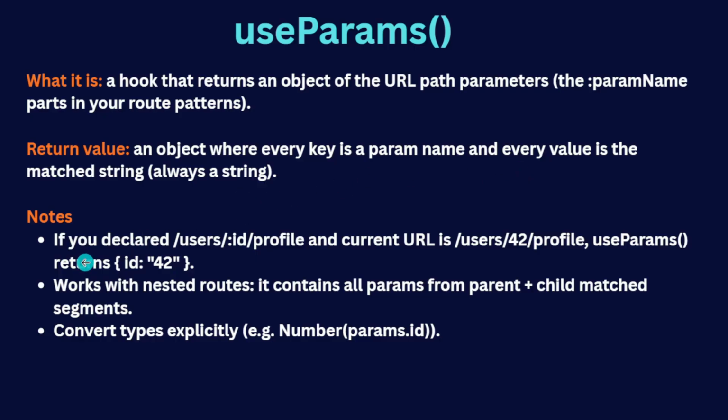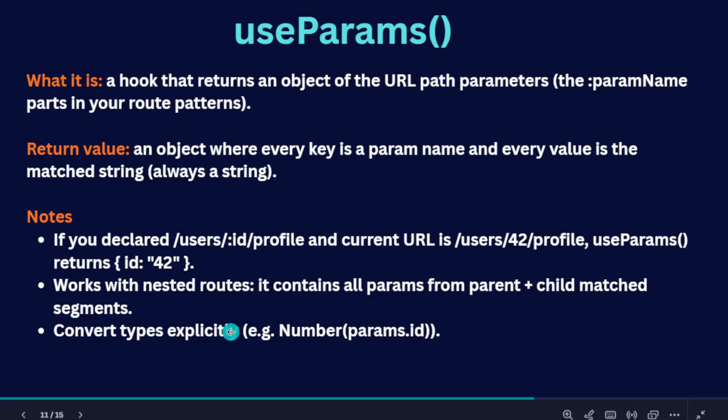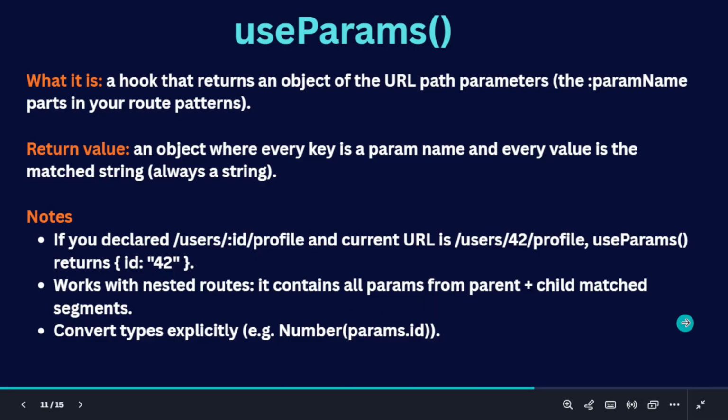So yeah, if you declare like this, user/:id/profile, and the current URL is like this, useParams returns id, this id 42, right? So id is a key and 42 is a string. Now it works with nested routes. It contains all params from parent plus child match, and you can also convert explicitly to a number, right?